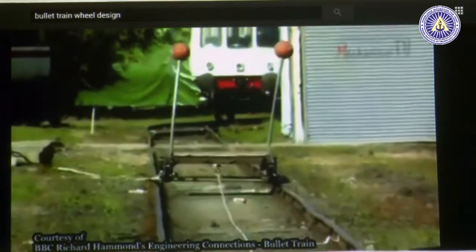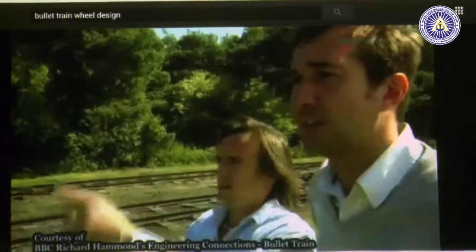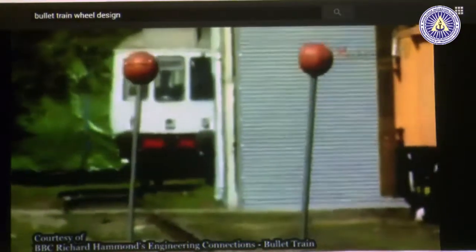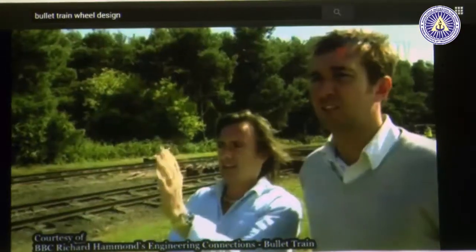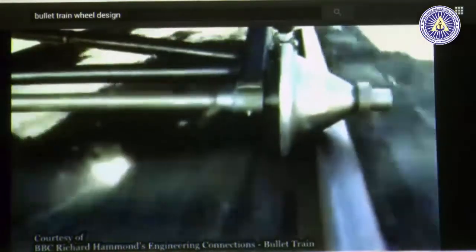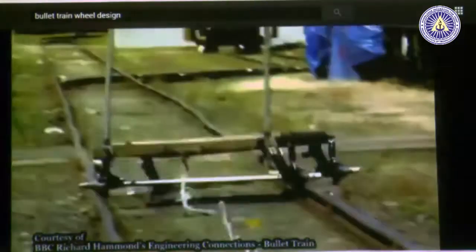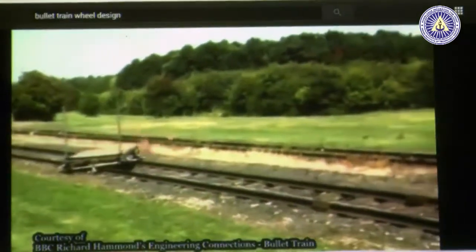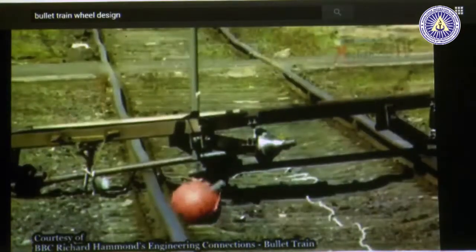It's called hunting oscillation. Oh, I see. Is that why the tops of these posts are moving side to side? Yeah, you can see it hunting a bit now. That's not gone at all well for it, has it? That's a bad thing. The kind of thing you need to avoid.